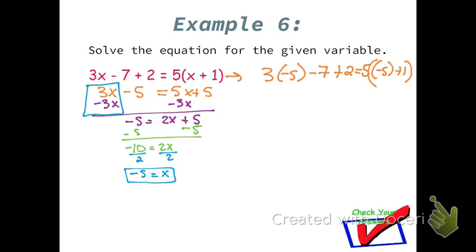And then simplify to see if I get a true statement. And we do get -20 equals -20, which is a true statement. So I know that I have solved this equation correctly.